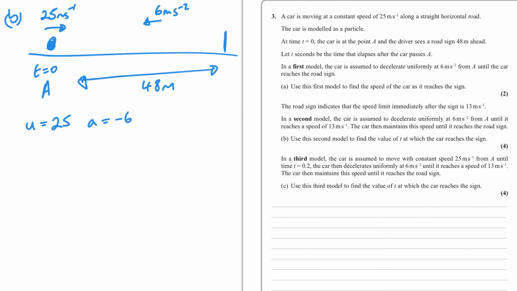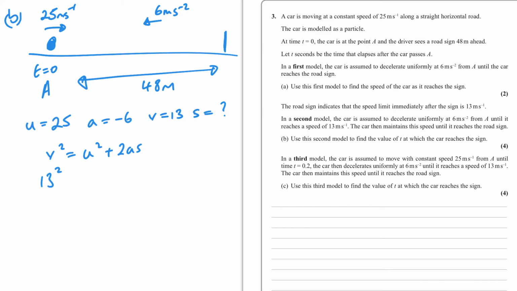Now, in part B, it says that the car is assumed to decelerate until it reaches 13 meters per second, then maintain this speed. So if I'm thinking about that, v will be my 13, and I want to think about that distance s. We need to find the total time, but let's work out that distance first, as we'll need that final distance to find the final section of time. So let's find that distance. Now what links these again? It's obviously the same formula.